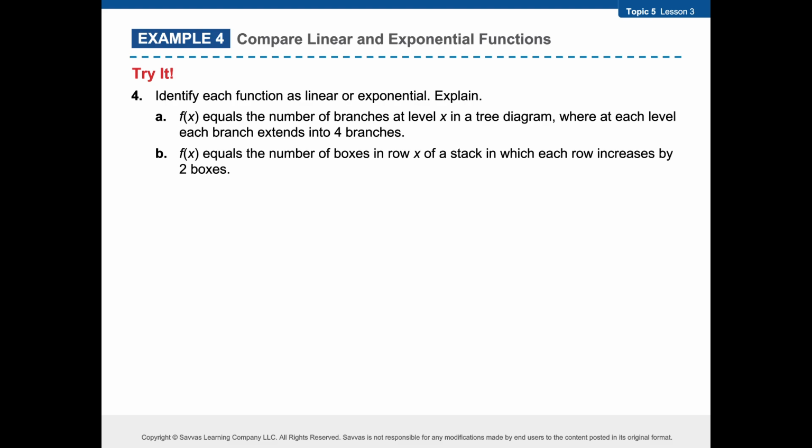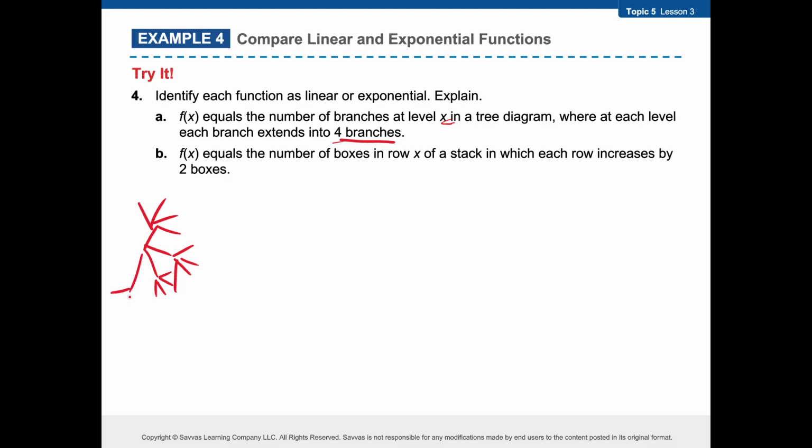Here, identify each function as linear or exponential. Letter A, f of x equals the number of branches at level x in a tree diagram, where at each level, each branch extends into 4 branches. So you have 4 branches, and then each branch extends into 4.